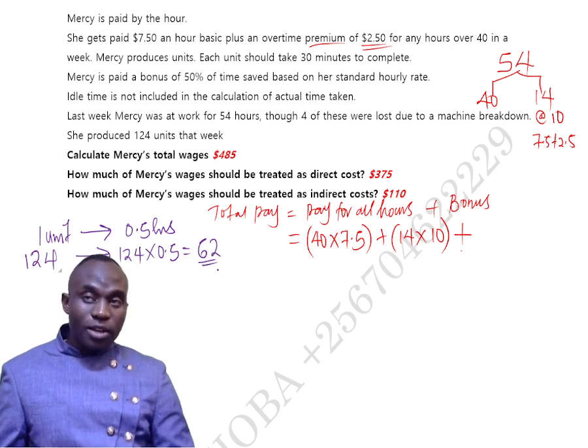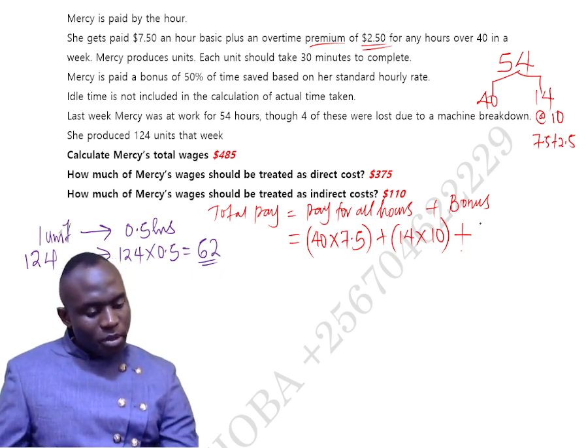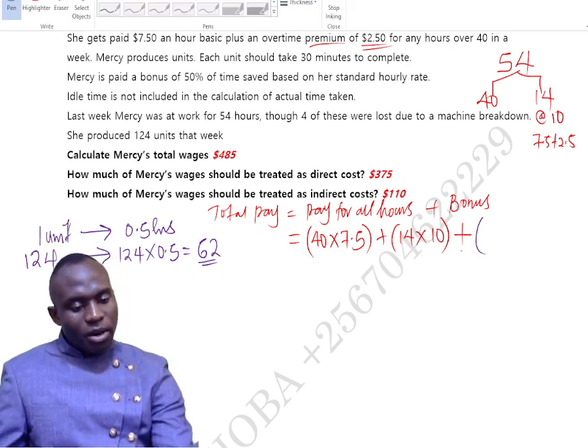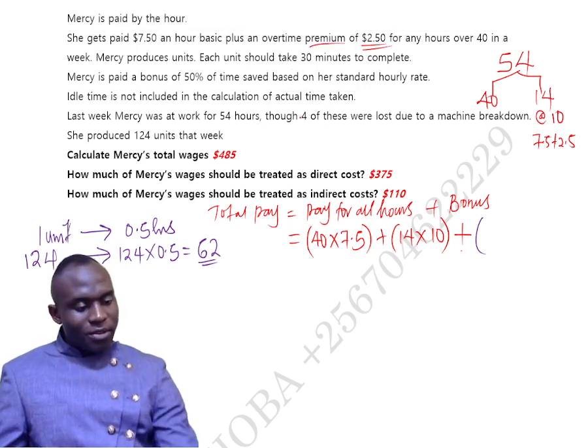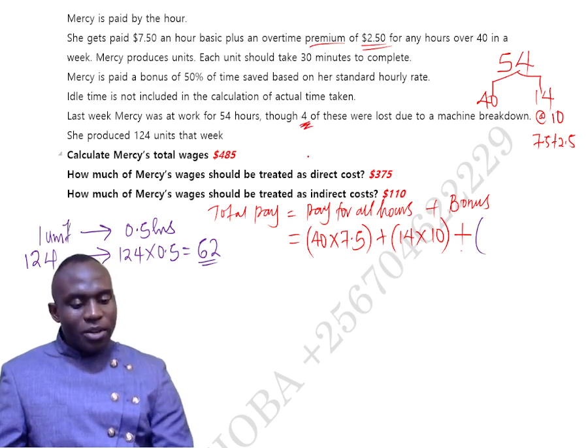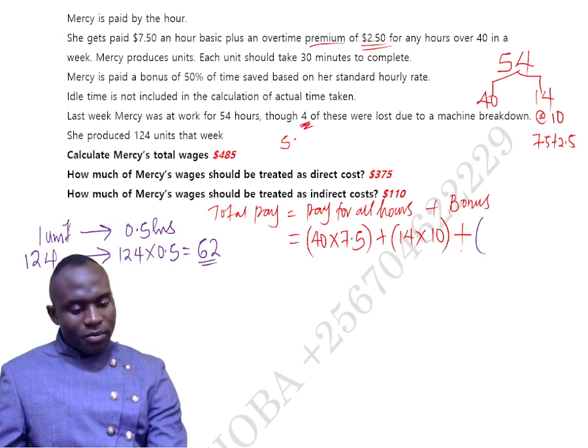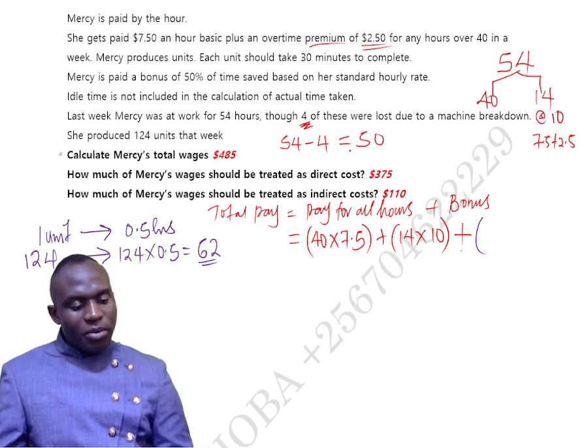So she should have taken 62 hours, but how many hours did she actually take? She didn't take 54 hours because 4 hours were idle time. She actually took 50. So active working was for 50 hours.